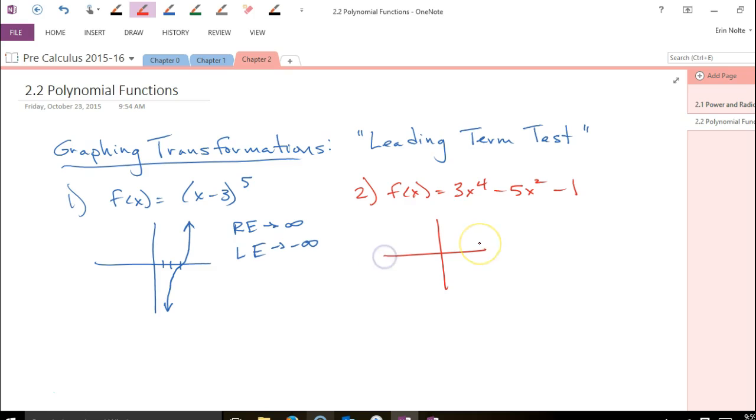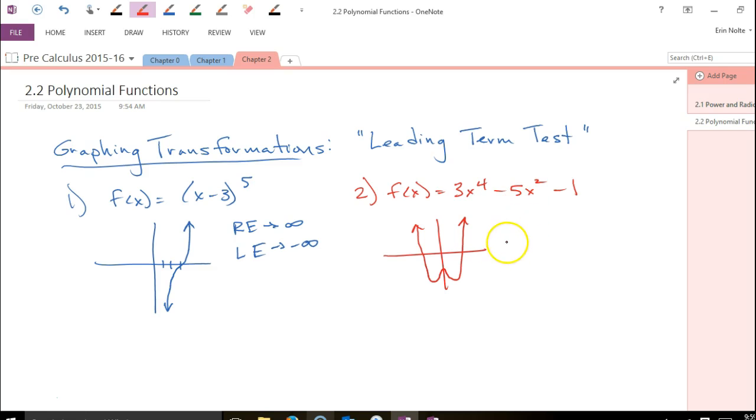So if you do graph this into the calculator, which some of you are doing, it should look like a W. Okay, so really all we need to pull out from this section is what is the end behavior of this function? Okay, what is my right end doing?